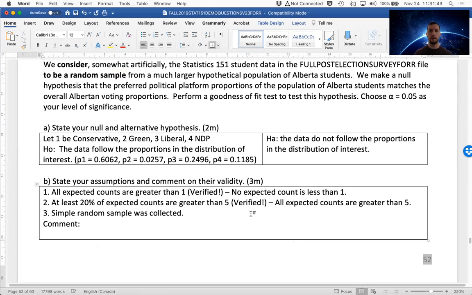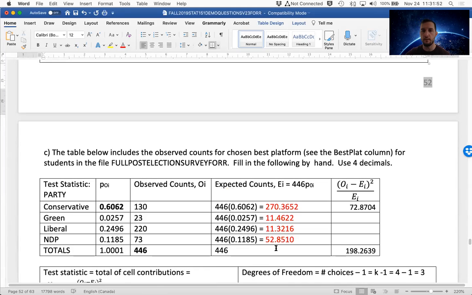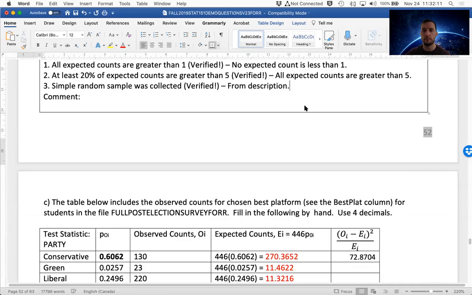So we can write here that this is verified from description. All right? So for the goodness of fit test and for the independence test that we will see later, these are our 3 assumptions, and we verify the first 2 by computing these expected values, and we verify the last one from sample description.